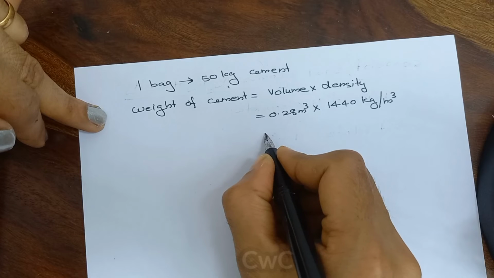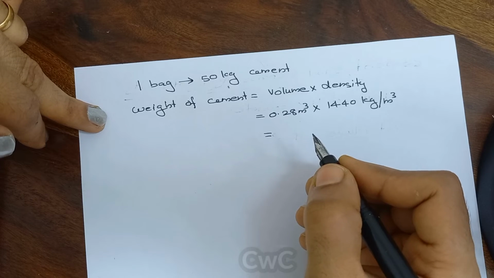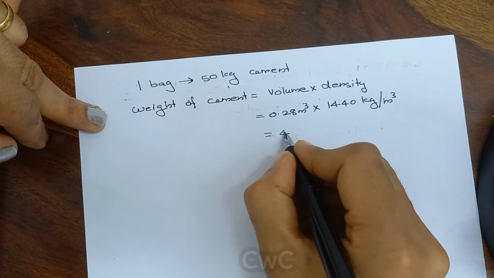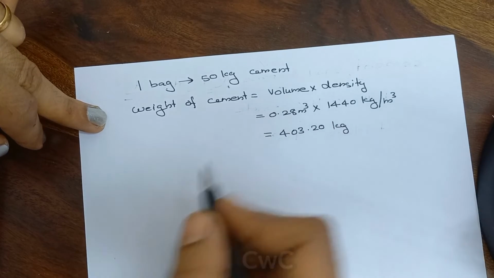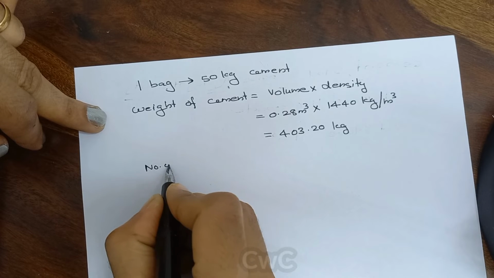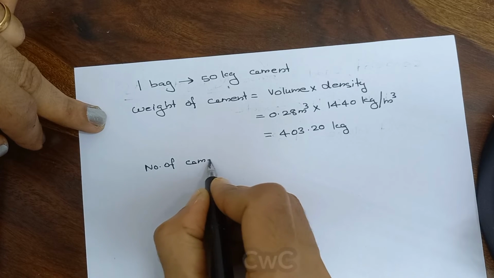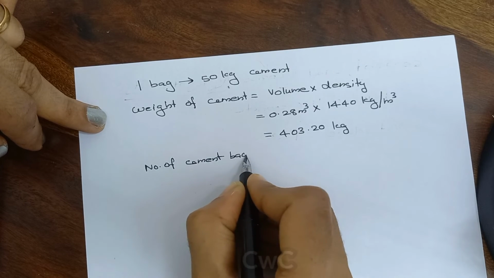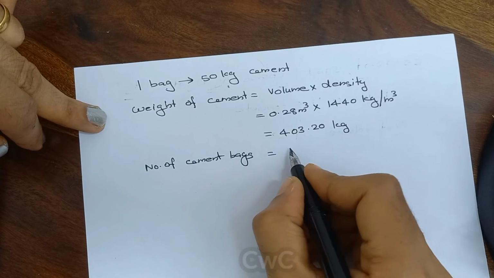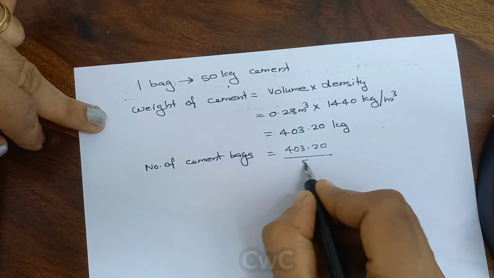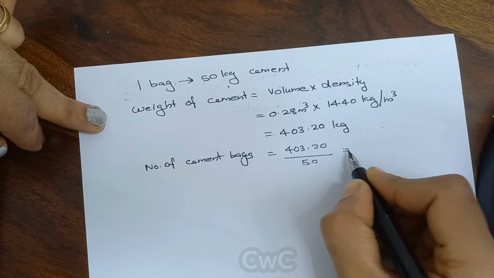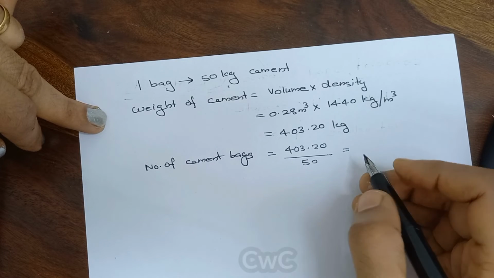On doing this calculation, we will get the weight of cement as 403.20 kg. So number of cement bags will be equal to 403.20 divided by 50, because one bag contains 50 kg. So thus we will get 8 bags.